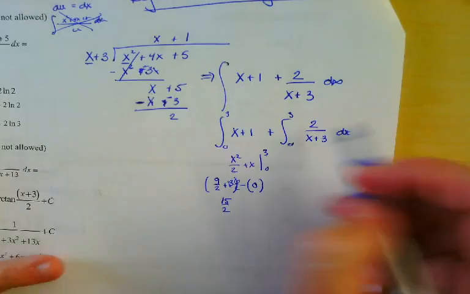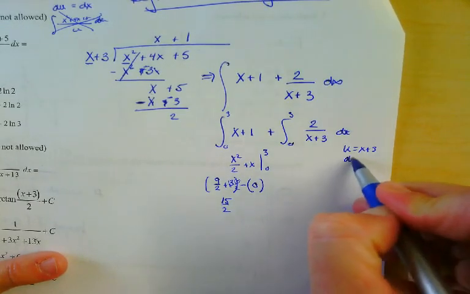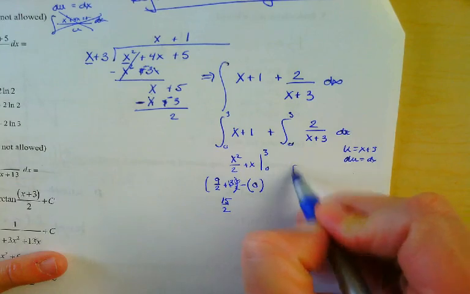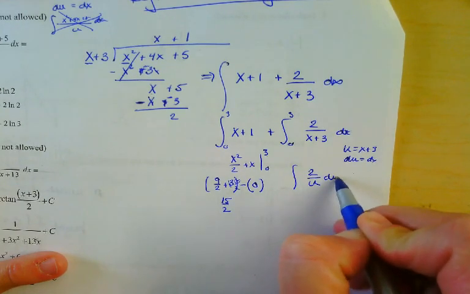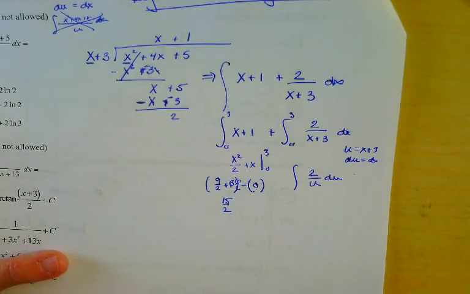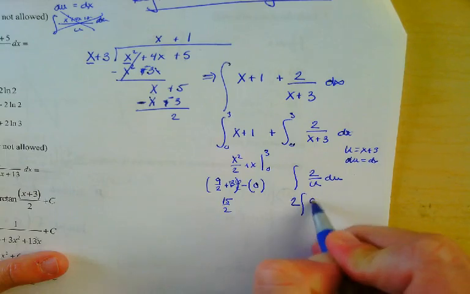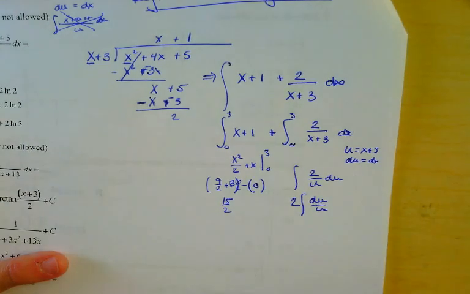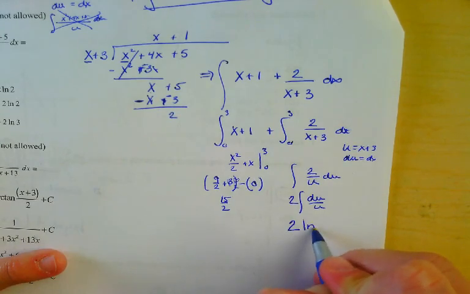And then I'm going to integrate this fraction with my u sub. So u is equal to x plus 3, du is equal to dx. So I have 2 over u du. Again, I'm just going to pull the 2 out in front. And then I'll have that du over u. So I'm getting 2 every time I have a du over u. That's the ln.